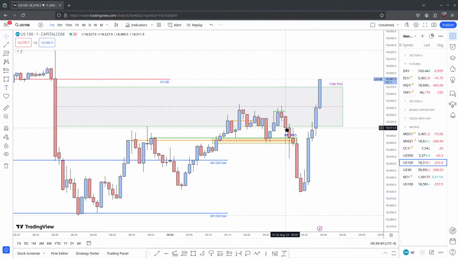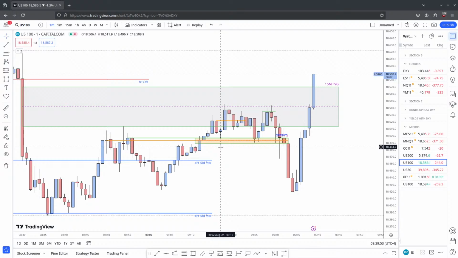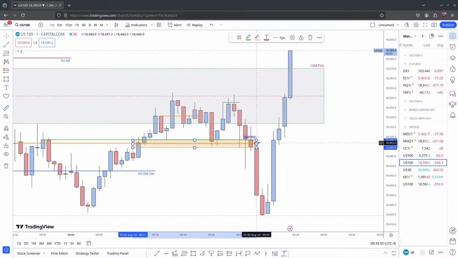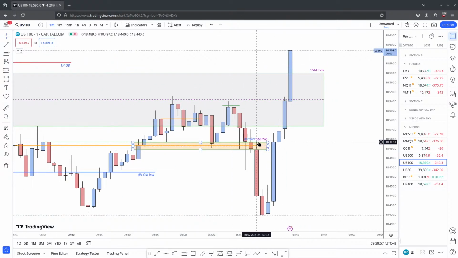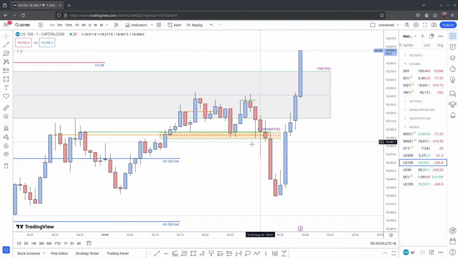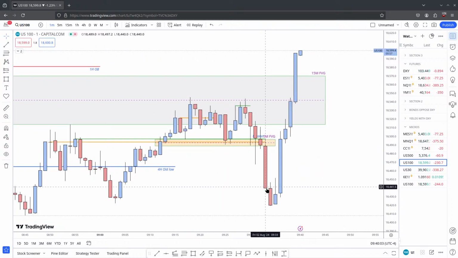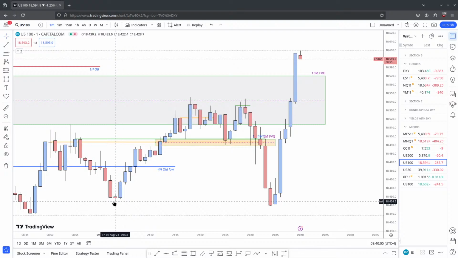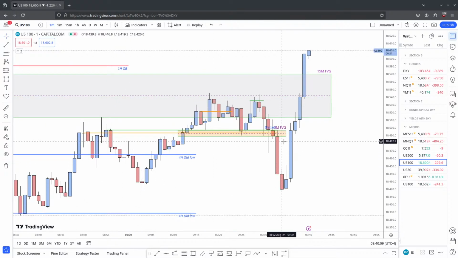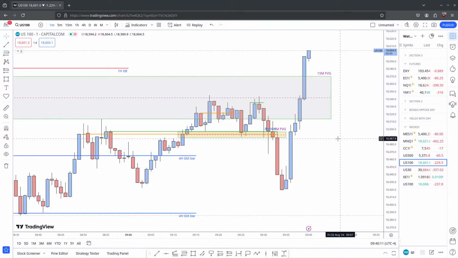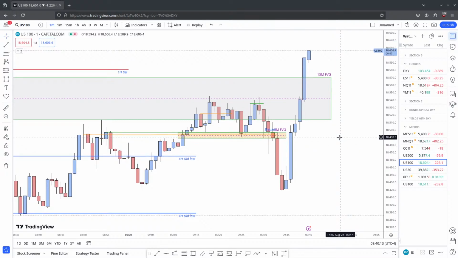Wait for it to close below that breaker block, reject that breaker block, 5-minute fair value gap, snag that, and that's your entry to go short on that position targeting this low here. And that trader would still have made money.